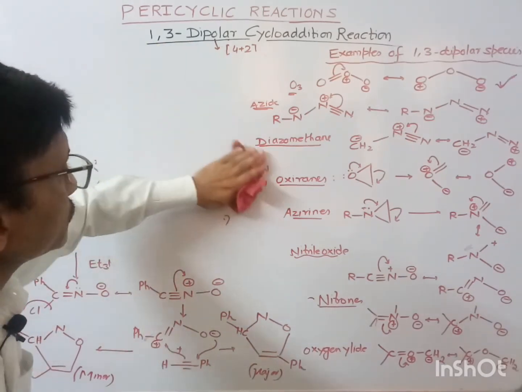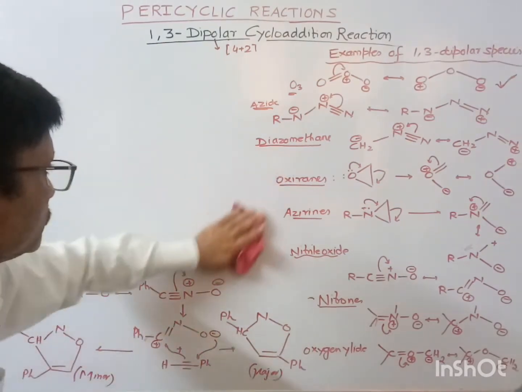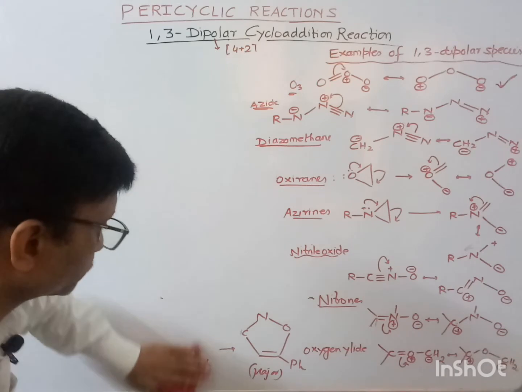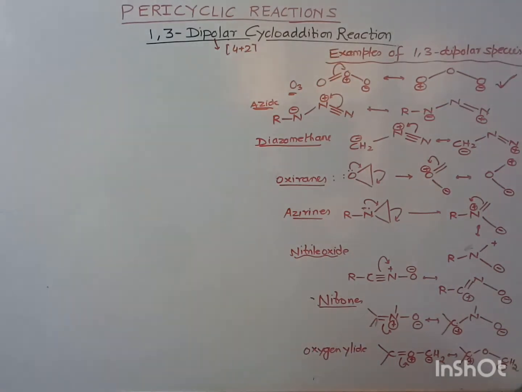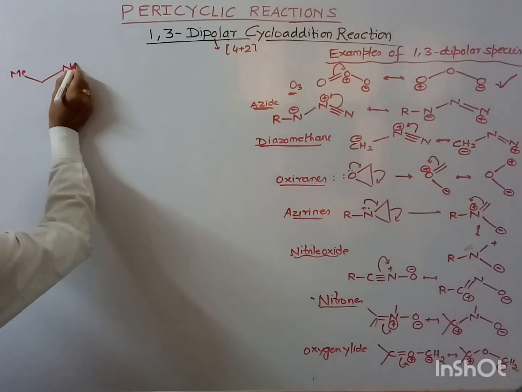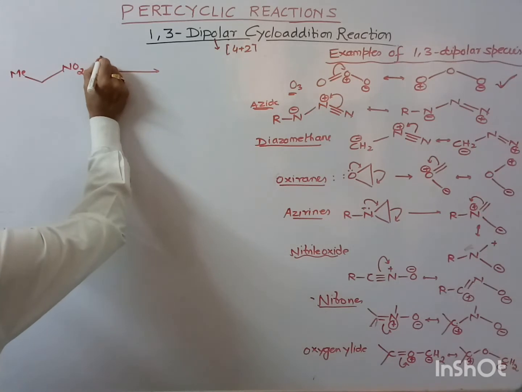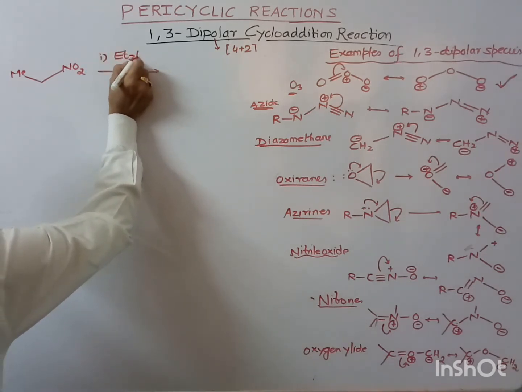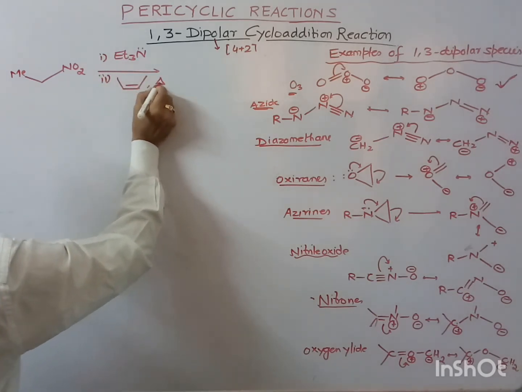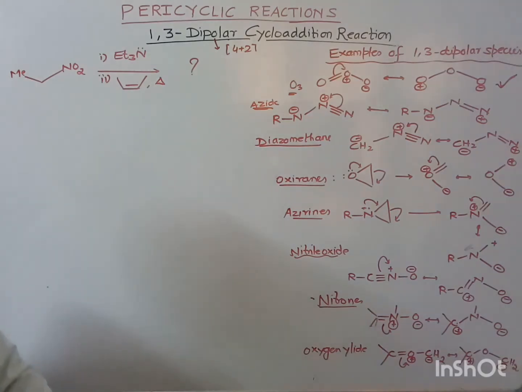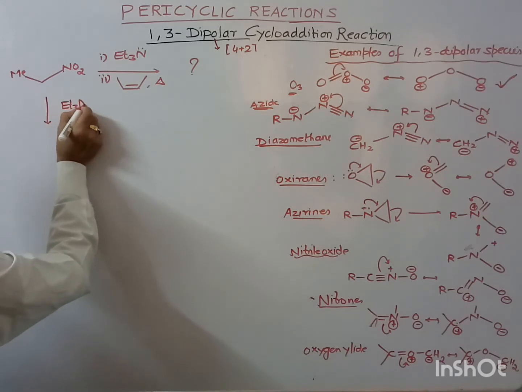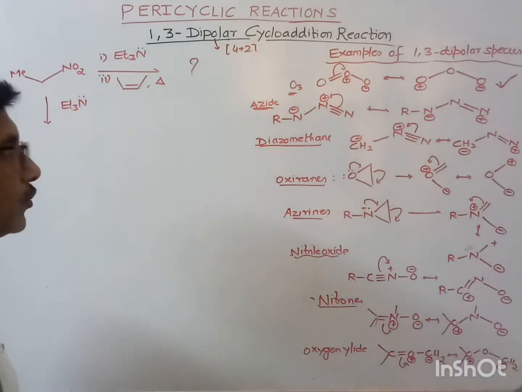Now another example. What would be the product in this case? In the first step, in the presence of triethylamine, this is going to give one of the 1,3 dipolar species.